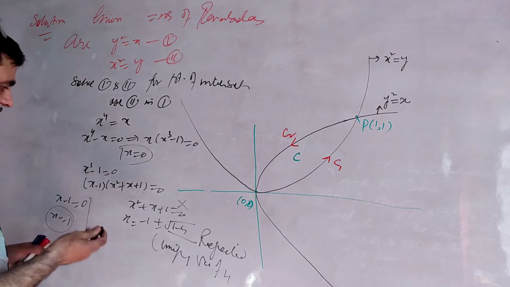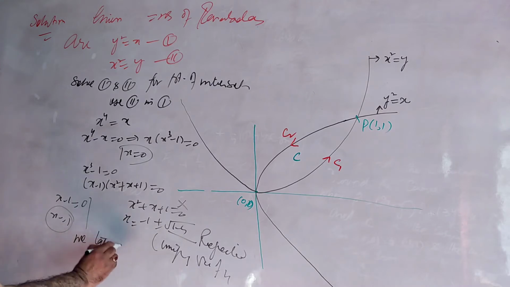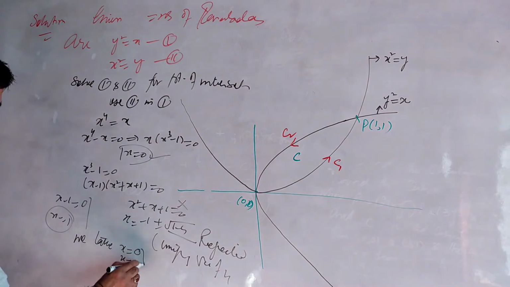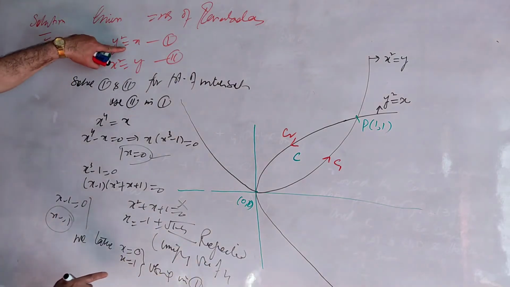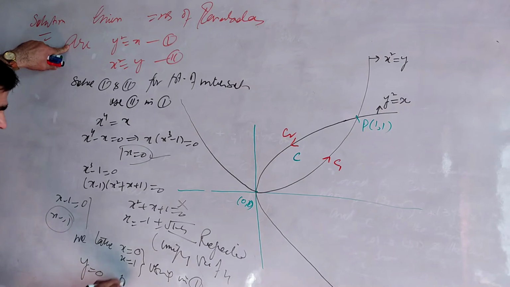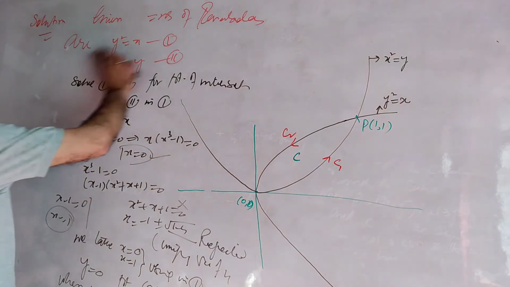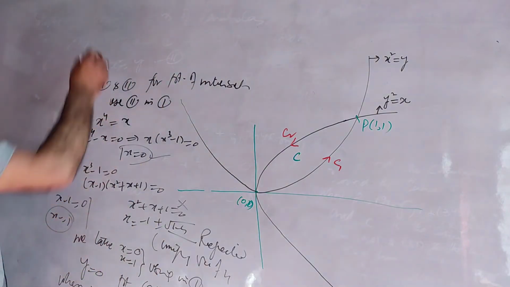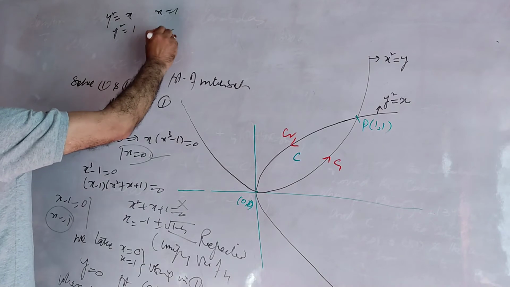Therefore the only possible values, which also lie in the first quadrant, are x is equal to 0, that we have got here, and x is equal to 1. Using these in first or second, when x is 0 in first, you get y 0. So the point is here, origin 0 0. When you use x is equal to 1 in y square is equal to x, what is y square? It is 1. y is plus minus 1.